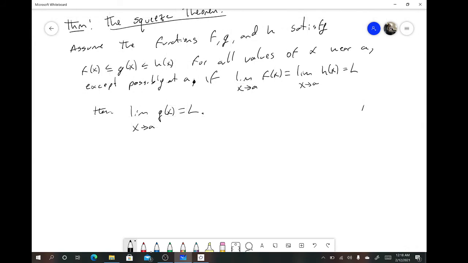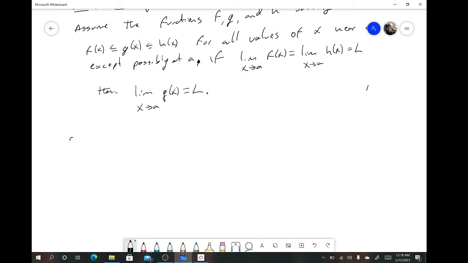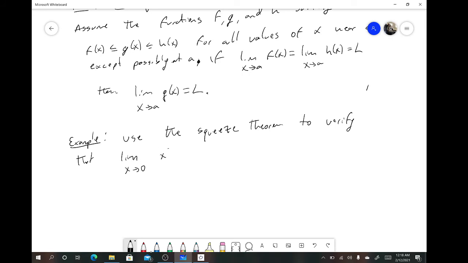So let's do an example of an application of it. Right, so let's use the squeeze theorem to verify that the limit as x goes to 0 of x squared times sine of 1 over x is actually equal to 0.